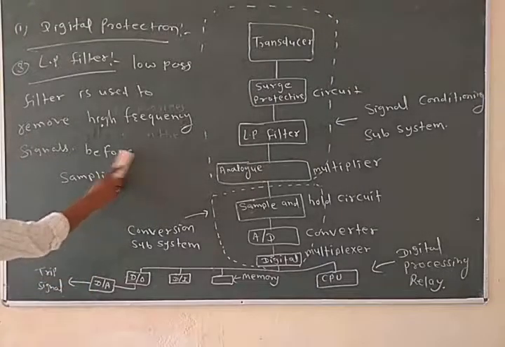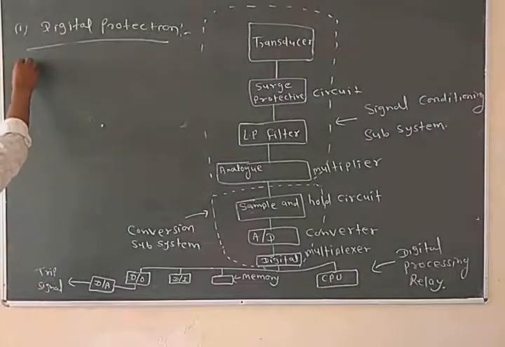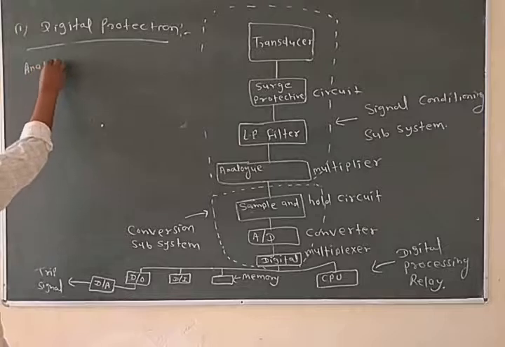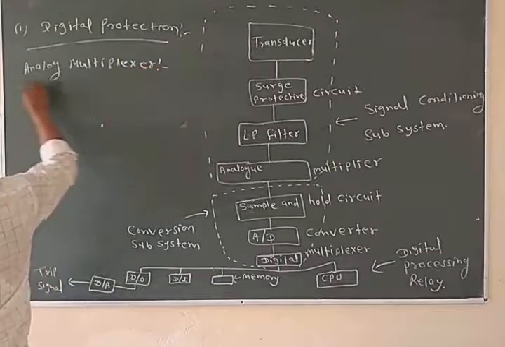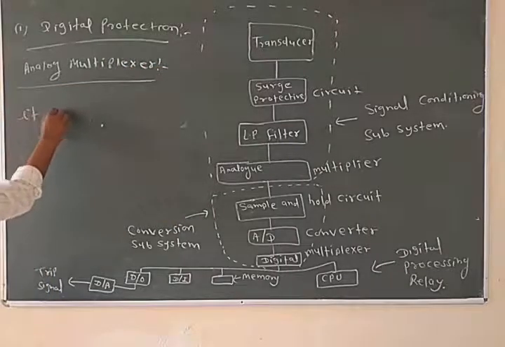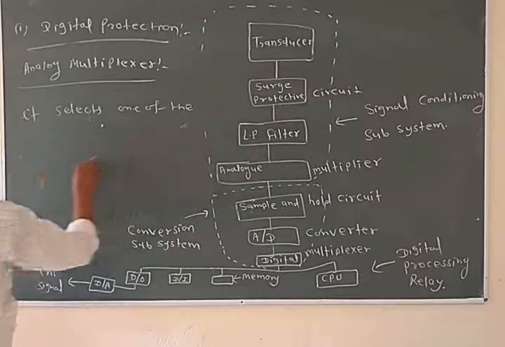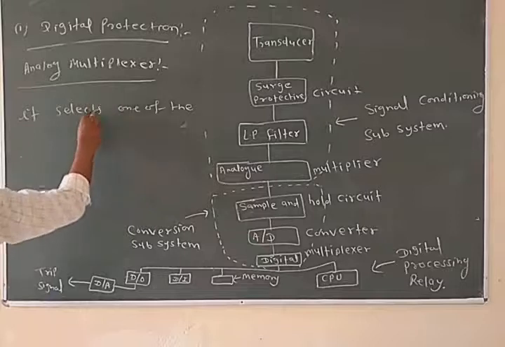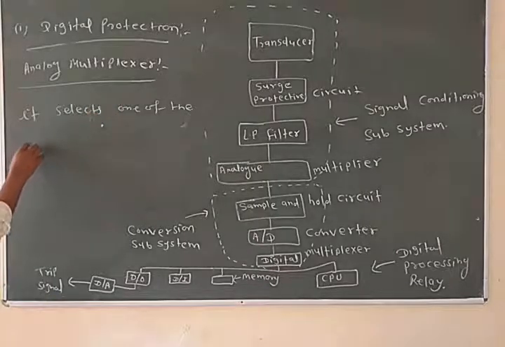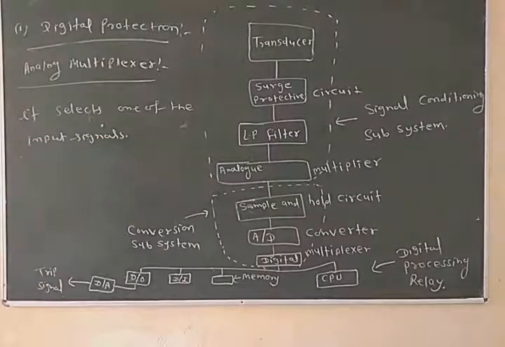The next component is the analog multiplexer. It selects one of the input signals for the processing of data.